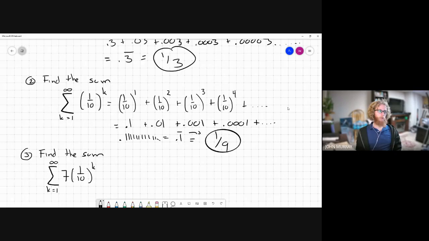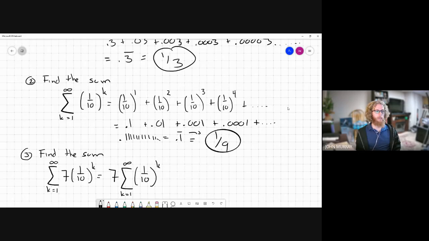I have a constant or a coefficient of 7 on the outside. One of the rules we learned yesterday is anytime we have a constant, I can remove that to the outside, as long as there's no k attached to it. I can just move that to the front. So I just took that 7 and I put it on the outside.